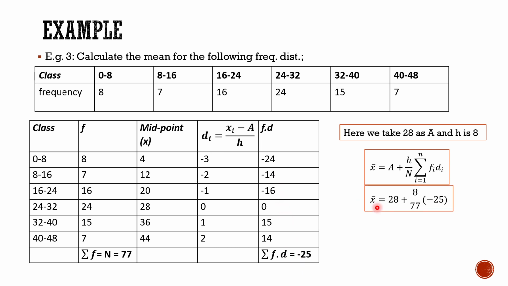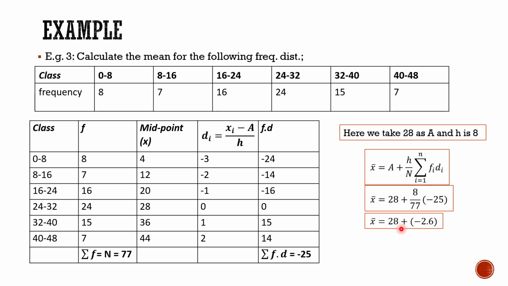Further, you will do the calculation as x bar is equal to that arbitrarily chosen mean, that is 28, plus the height or the common class interval magnitude, that is 8, dividing it by summation f, that is n, which is 77 here, and multiplying it by minus 25, that is summation fi di.